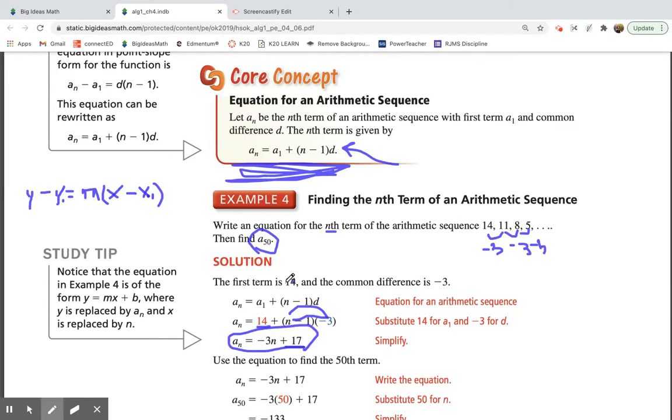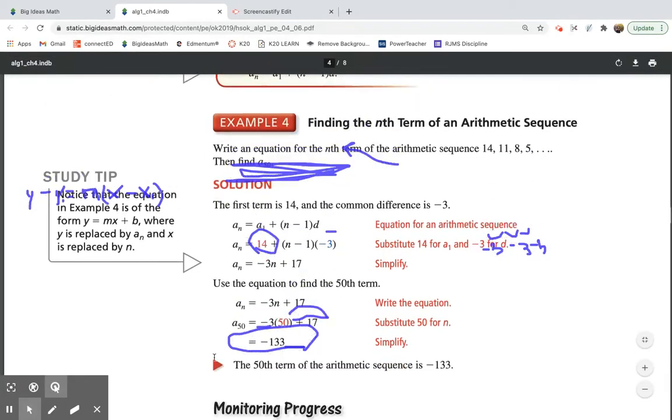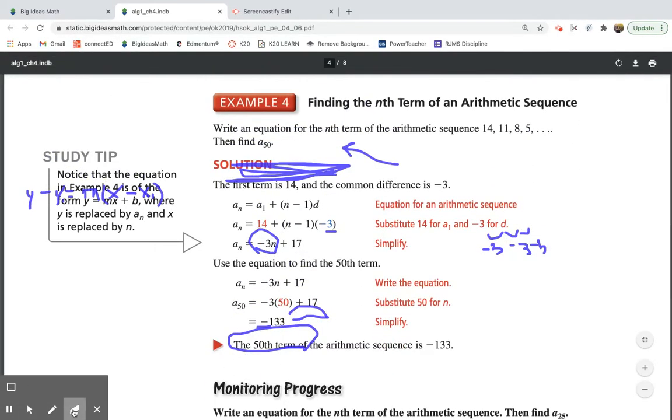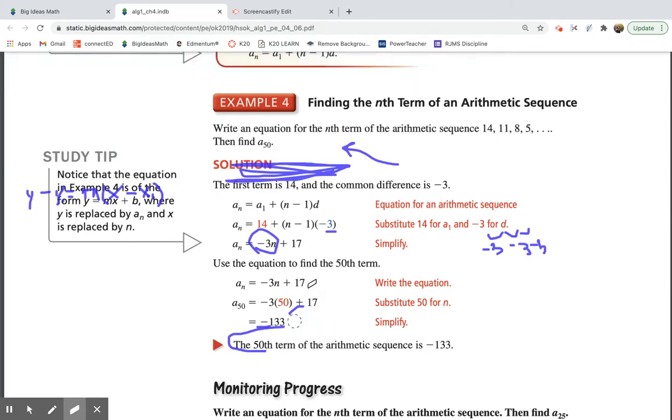So then we have to answer the other part. Find A sub 50, which means find the answer for the 50th term. That's actually pretty simple. I'm going to have to erase some stuff. We take that equation that we just found. So our A sub n equals negative 3n plus 17.